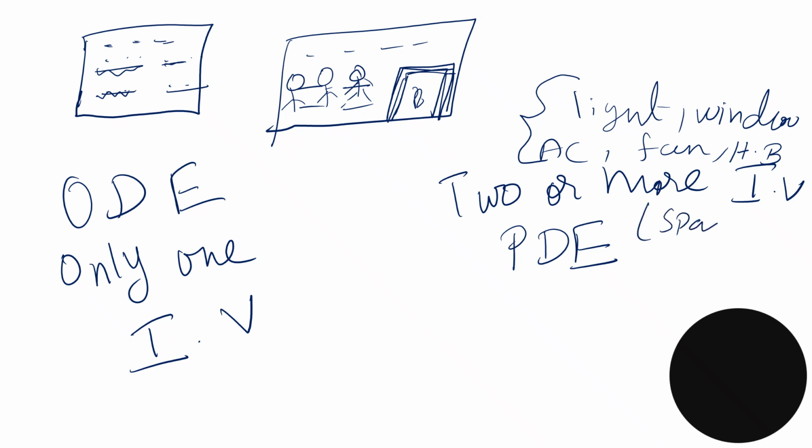These analogies help you understand mathematically what PDE and ODE actually are. So for ODE, temperature changes only with time, but for PDE, temperature changes with position and time.